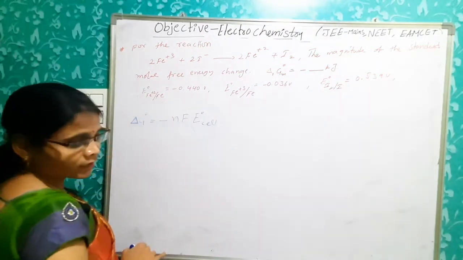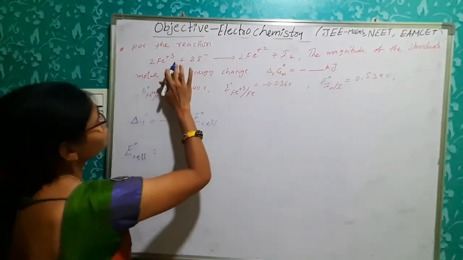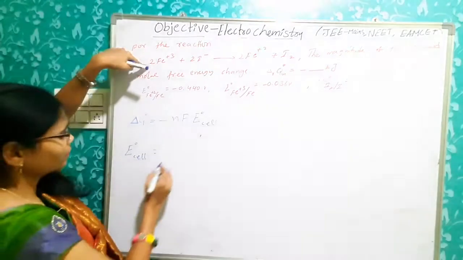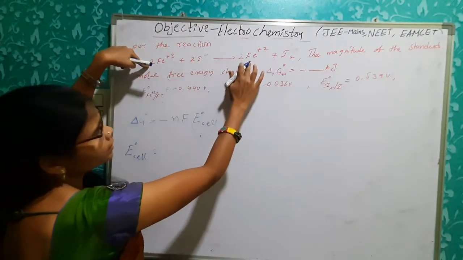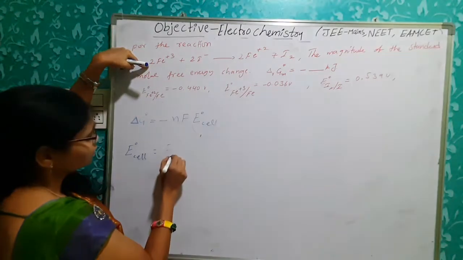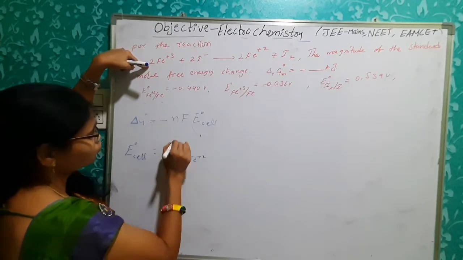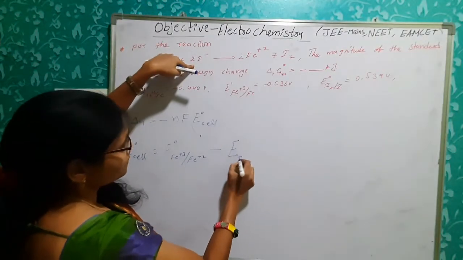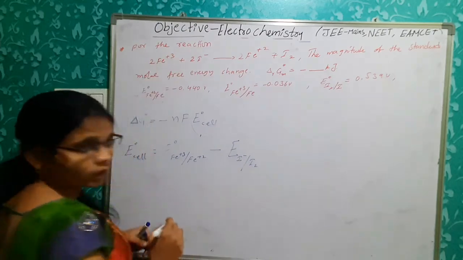But for E°cell, what is that? Simply E cathode minus E anode we have to take here. So E cathode is the reduction, Fe³⁺/Fe²⁺, and the anode is I⁻/I₂.